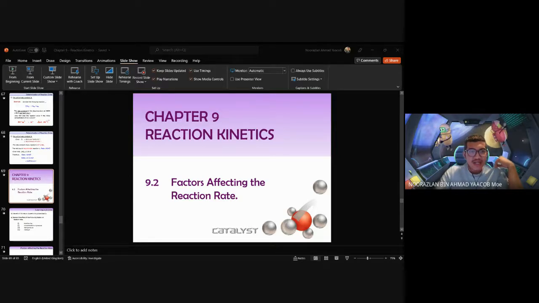Okay, so let's have a look at the first factors affecting rate of reaction, what it is. So first of all, we know we can speed up the reaction by changing the following parameters.